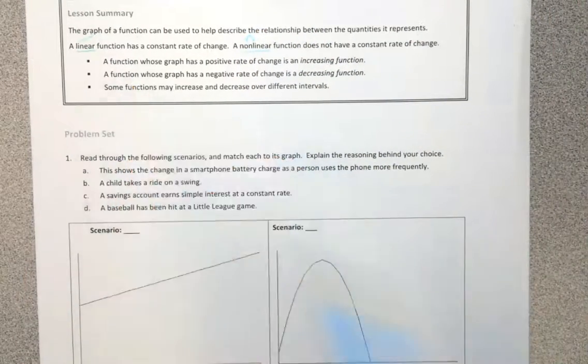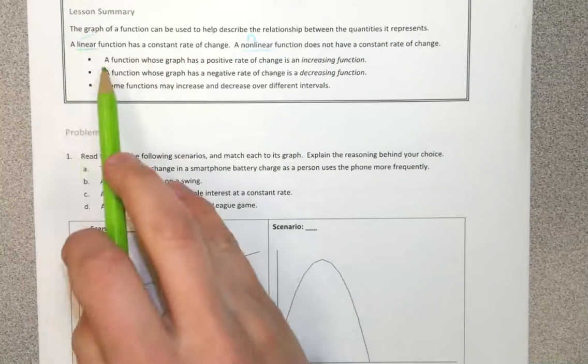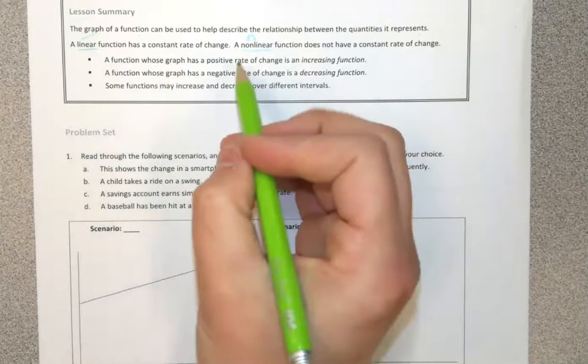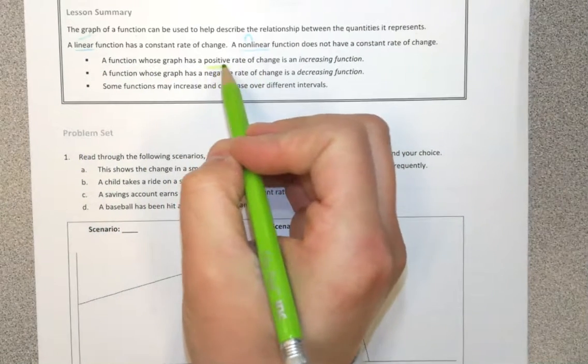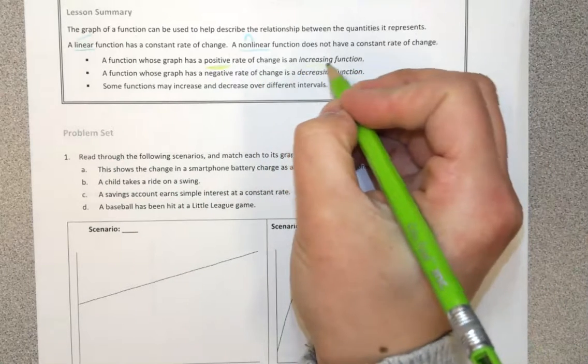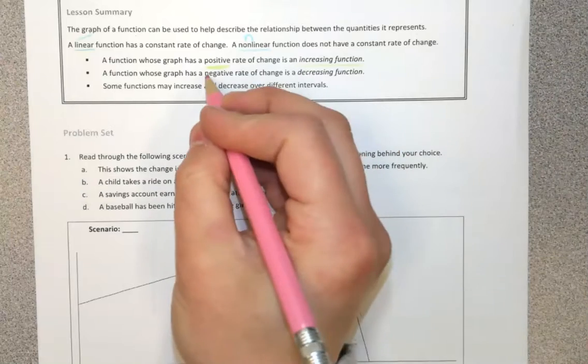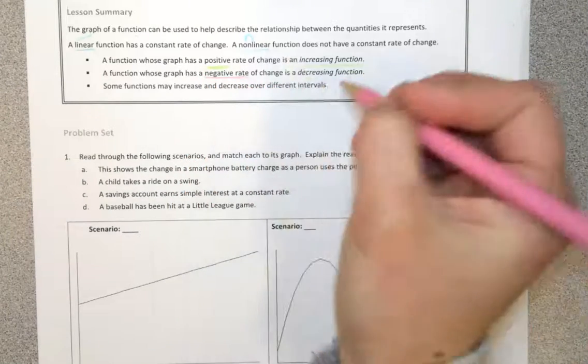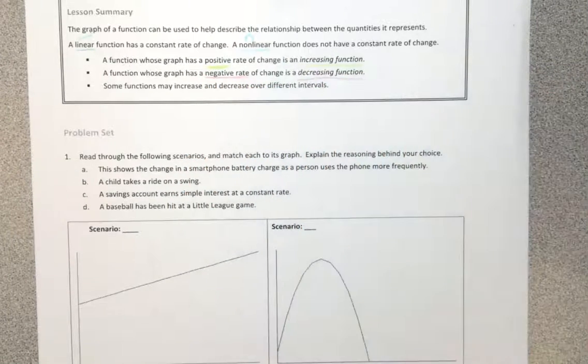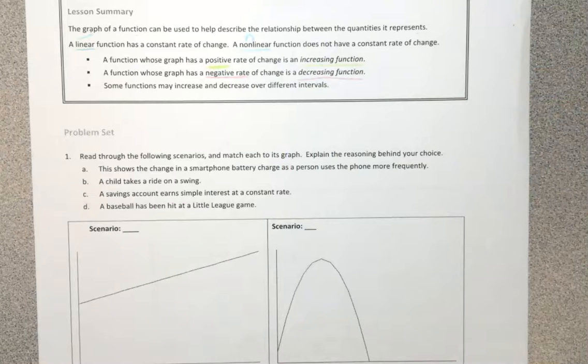And there's more notes that say a function whose graph has a positive rate of change is an increasing function. A function whose graph has a negative rate of change is a decreasing function. And then it says some functions may increase and decrease over different intervals.